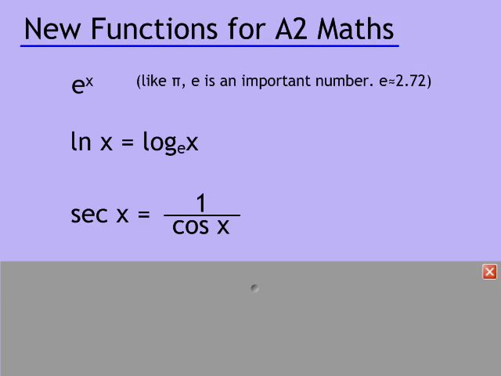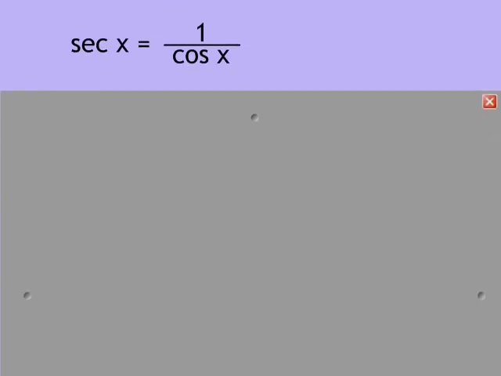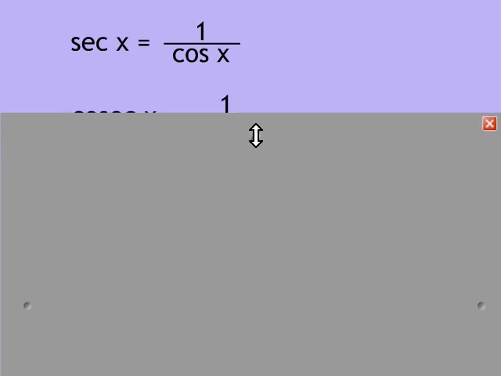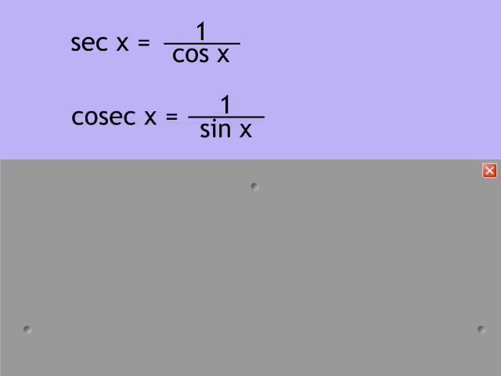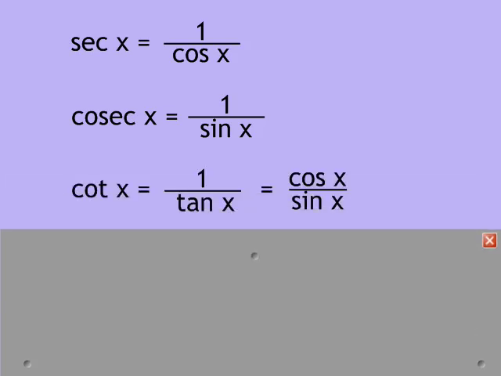Okay. Now we've got some new trigonometrical functions for you. We've got sec x, which is 1 over cos x, and cosec x, which is 1 over sin x, and cot x, which is 1 over tan x. But that's probably more useful to think of as cos x over sin x, so the other way up from tan x.